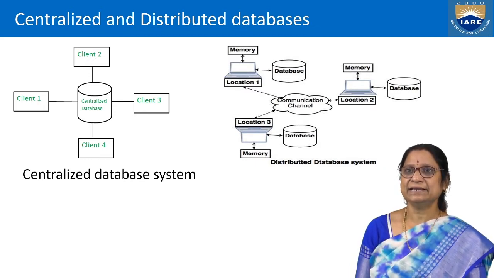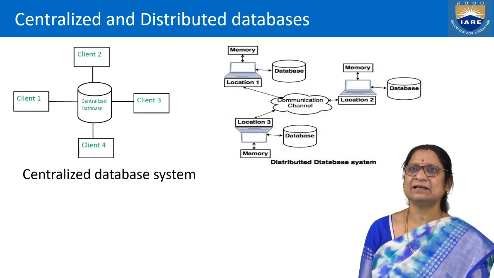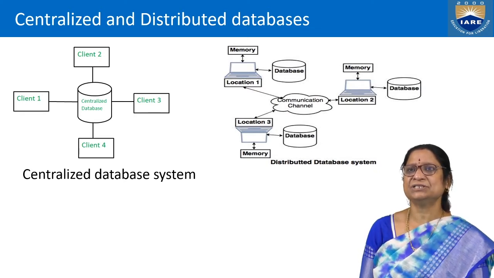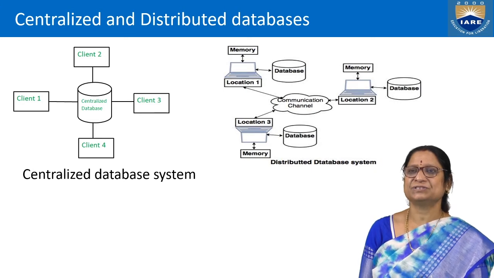Now, the second kind of database management system is the distributed database system, in which the data is located at various locations, and the servers at these locations are connected with some communication channel. This communication may be a local area network, wide area network or metropolitan area network, depending upon the data locations.